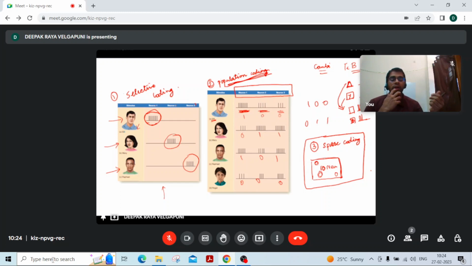That way a smaller amount of resources could encode the real world objects or people or any information. So sparse coding is a type of population coding where only a very few number of neurons are active from the population. Instead of all the neurons getting activated differently, a few neurons are activated and those few are differently activated. That is about sparse distributed coding.